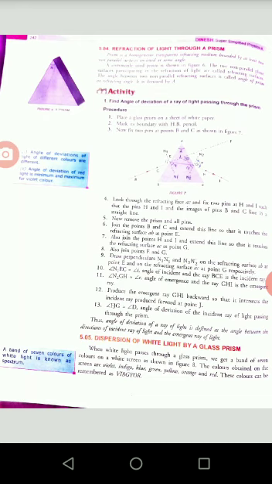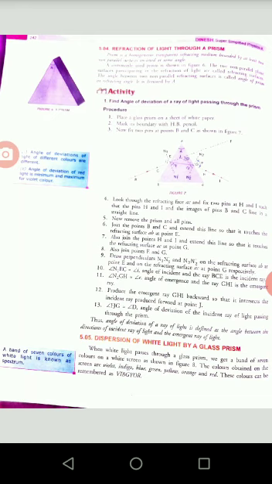First of all, you understand what a prism is. A prism is a piece of glass or any other transparent material bounded by two triangular and three rectangular surfaces. Mark here: two triangular and three rectangular surfaces. Got it?